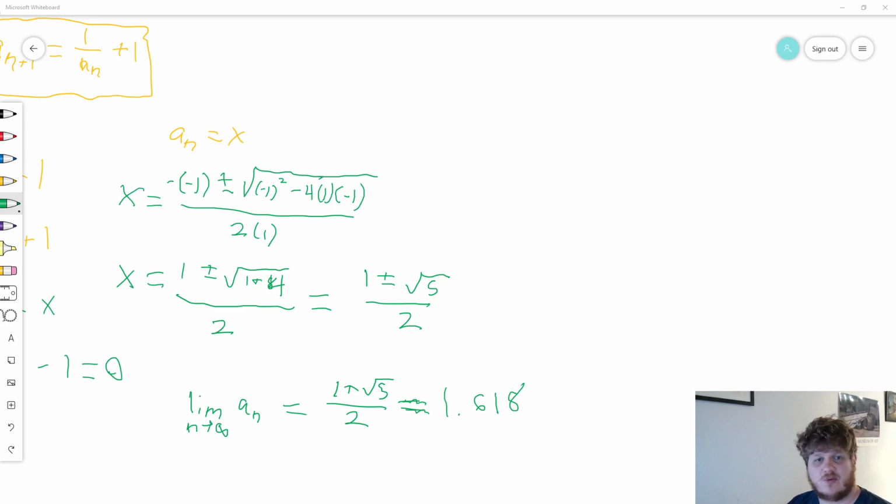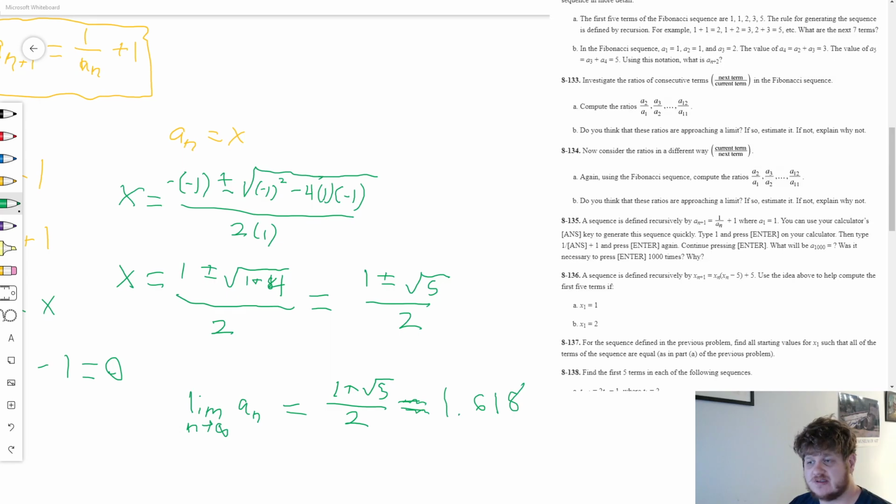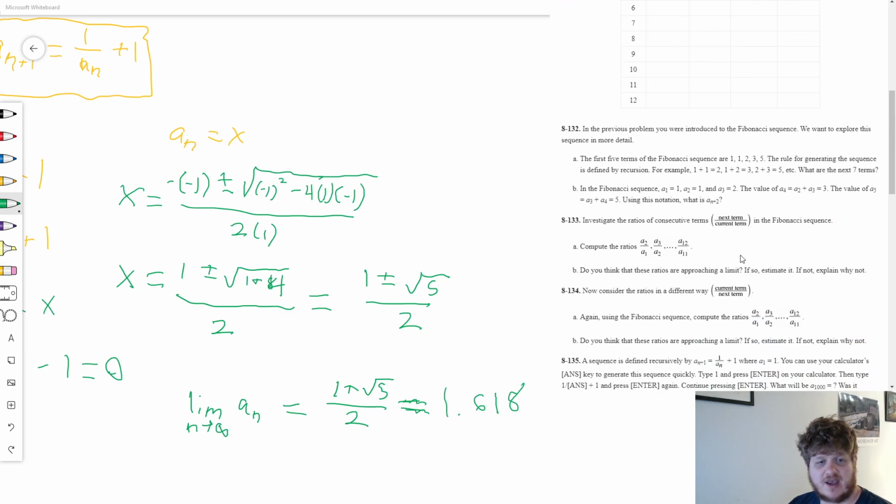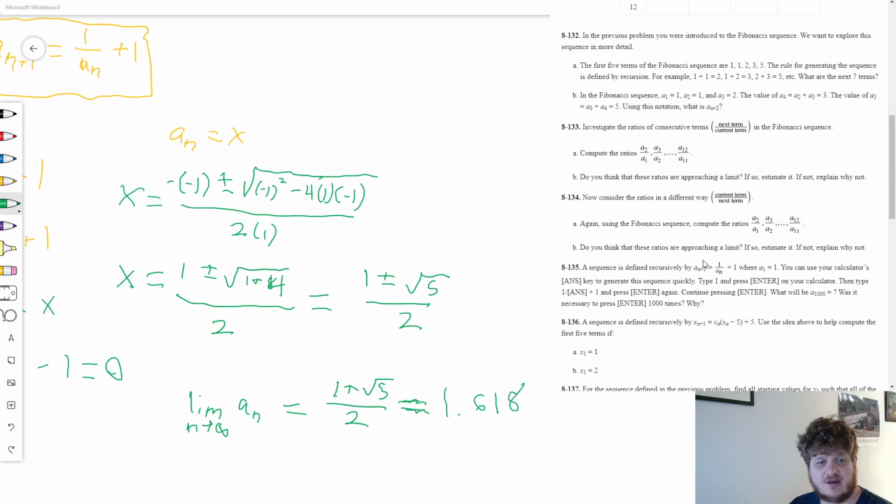So as for what we have to do for assignments, we did most of 1-31, which was filling out this table, and 1-32, and in fact 1-33. You're going to do 1-34, where you're actually reversing the ratio.